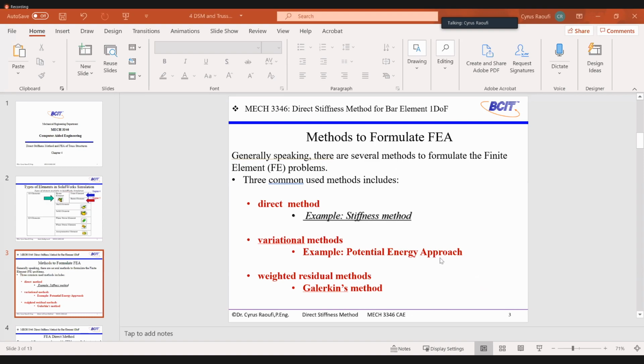In potential energy approach, we know that if there are loads applied to a structure, for example, what will be the result if you apply forces and torques and moment to a structure? Assuming that you are below the yield strength, the result is you can see the deflection. You apply the load and there will be deflection in the structure.